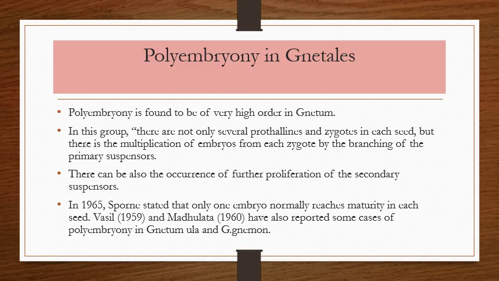There can also be further proliferation of the secondary suspensors. In 1965, Sporny stated that only one embryo normally reaches maturity in each seed. Vasil in 1959 and Maheshwari in 1960 have also reported some cases of polyembryony in Gnetum ula and Gnetum gnemon.